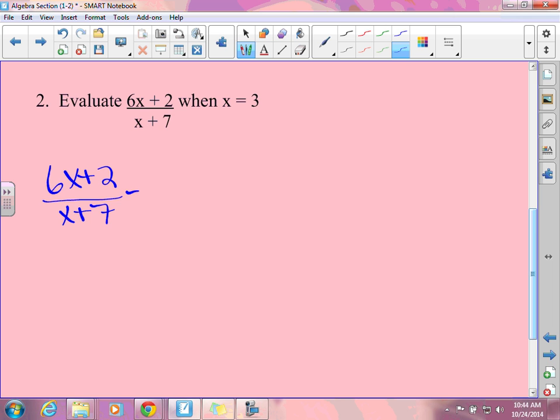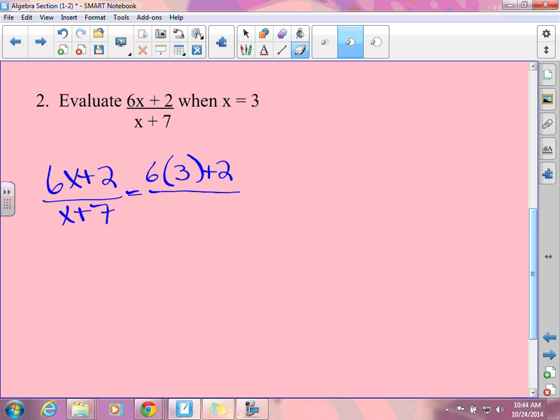All right, the numerator, what do I do first? What do I get? 18 plus 2 over 10. Okay, what do I get for my numerator? Over, answer, 2.